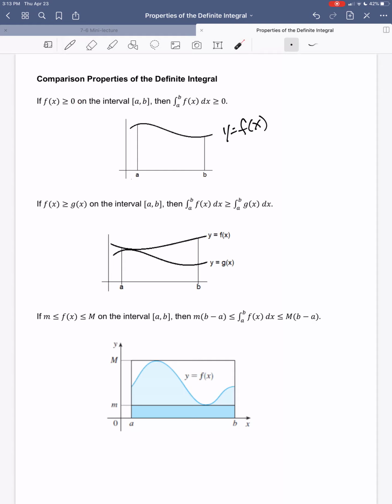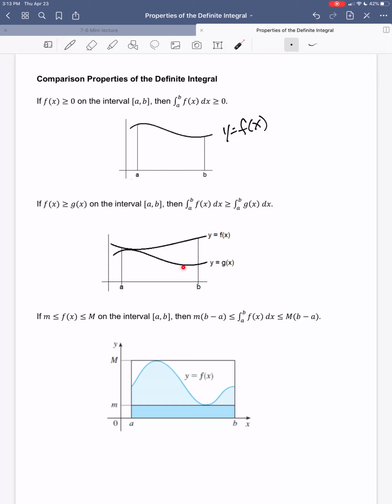Second, if I have two functions here, f of x on the top, g of x on the bottom, and they have this relationship that one function is always greater than or equal to the other, they are equal where they touch here, but that's okay. What this means then is the integral of f of x, the top function, has to be greater than or equal to the integral of the bottom function. And of course, that makes sense if you think about this in terms of area.